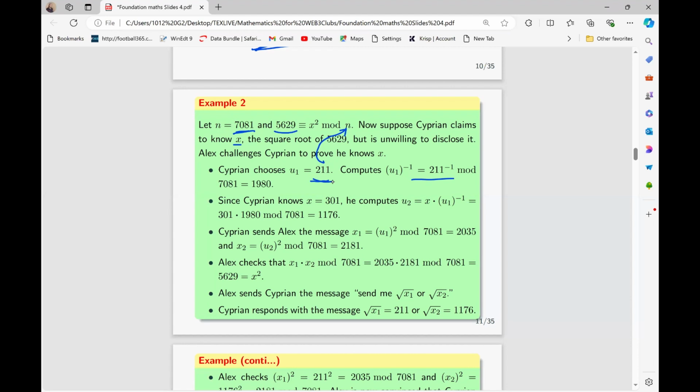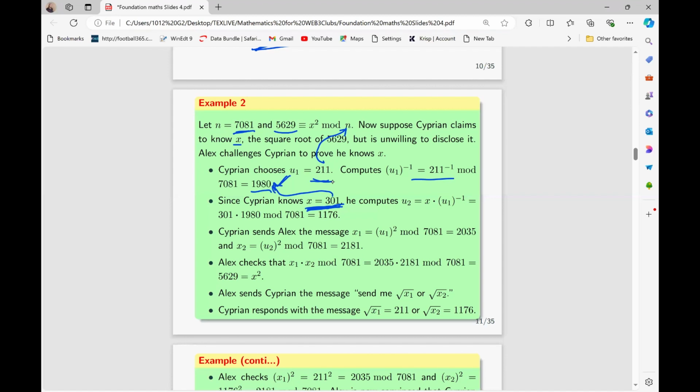Now, since you know x, and Alex wants to prove whether you know it, multiply that x by the inverse.